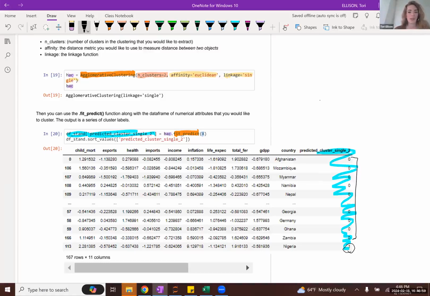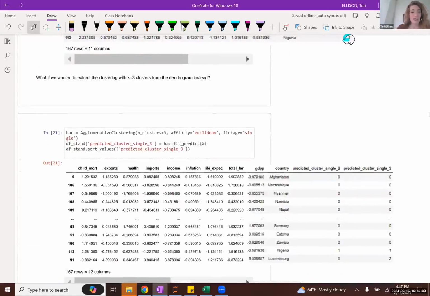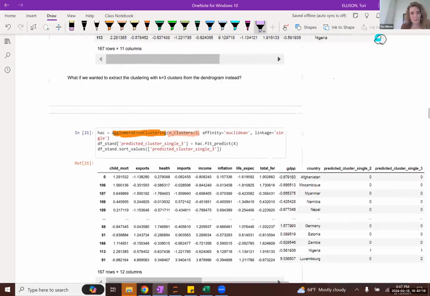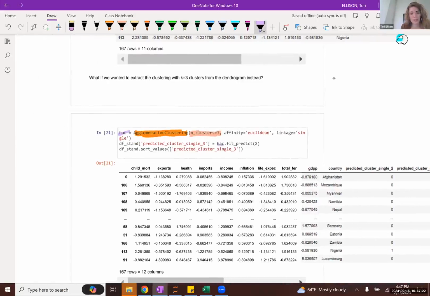Now if we wanted to examine the clustering with 3 clusters in that dendrogram, we could use that same function, this time looking for 3 clusters, and run fit predict again on my X data frame.